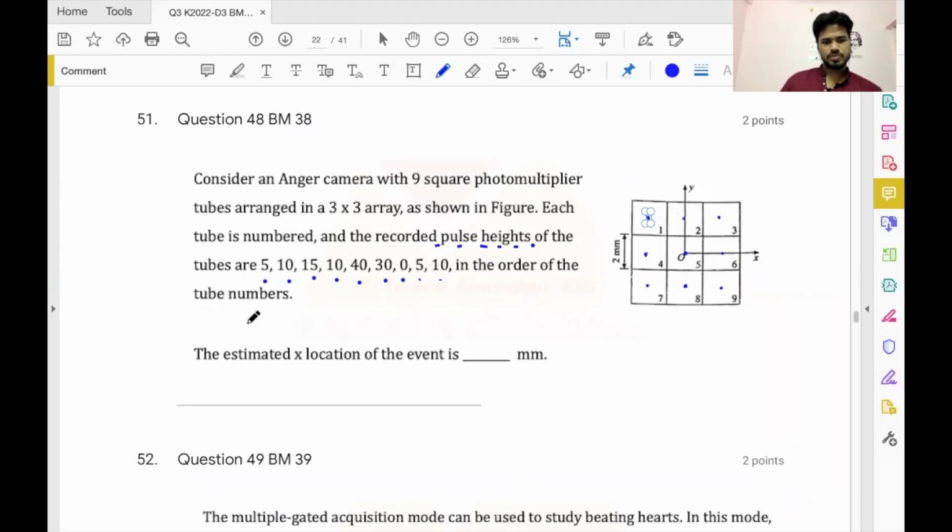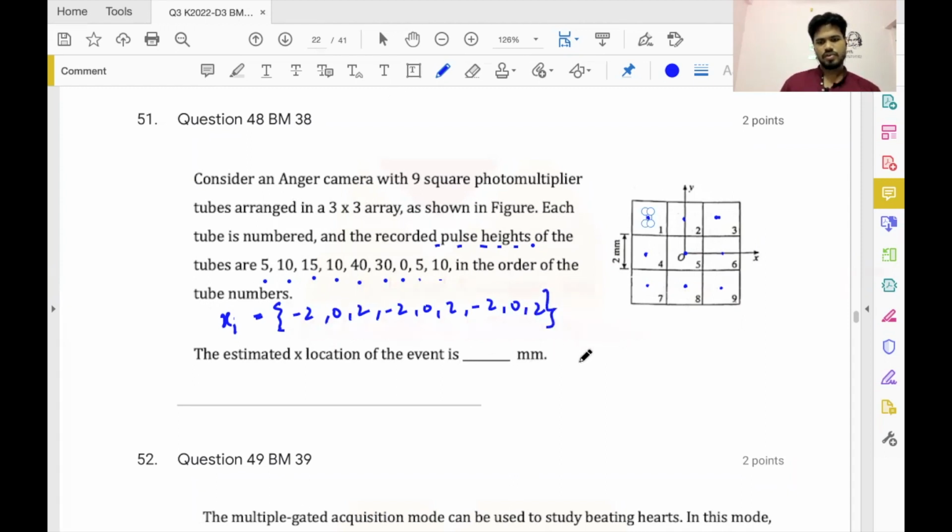The X values, Xi, will be in order. We want things in mm, so I'm going to keep X in mm. This should be -2, 0, 2, then -2, 0, 2, and then -2, 0, and the ninth one is at 2.